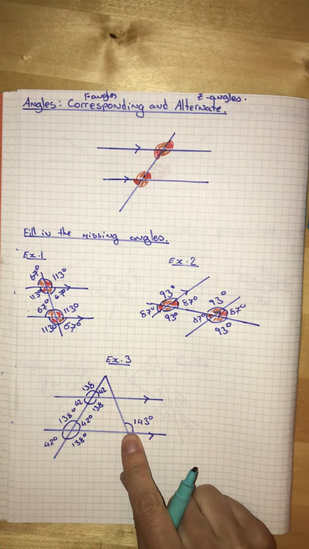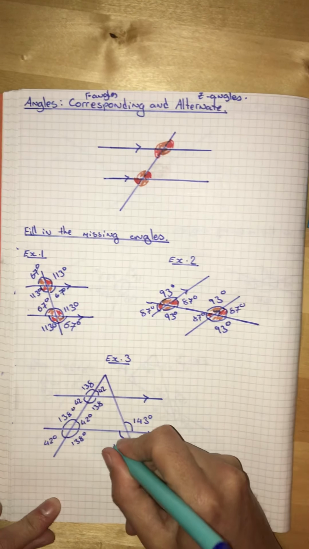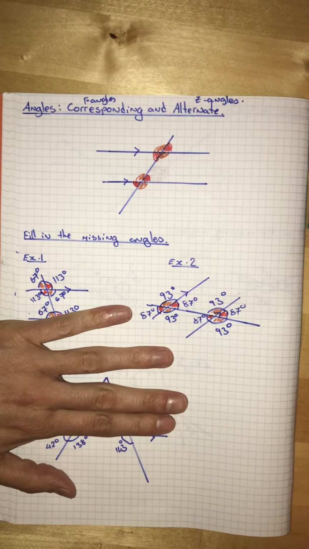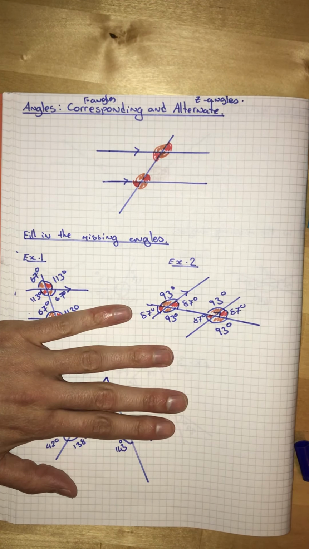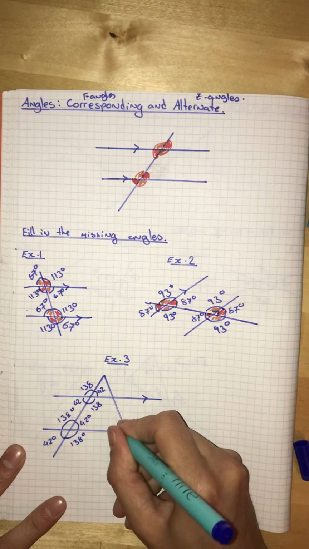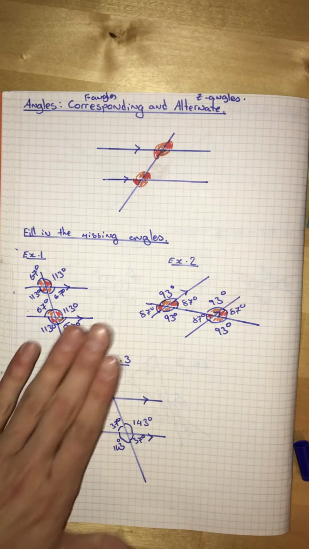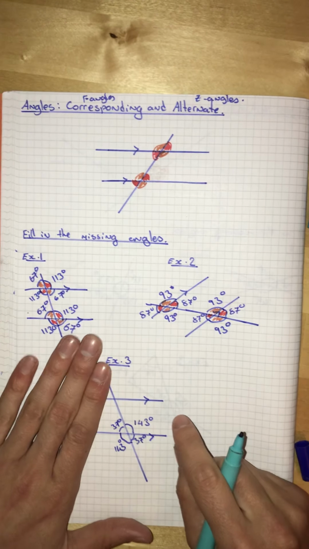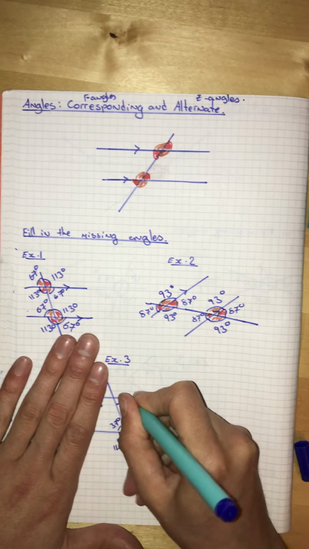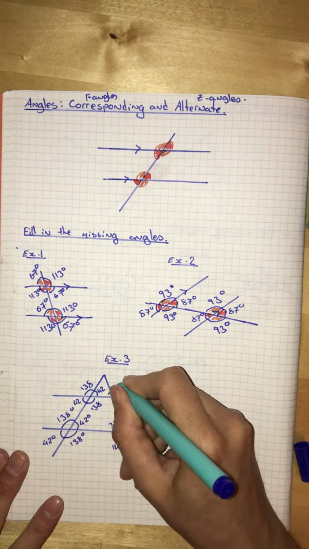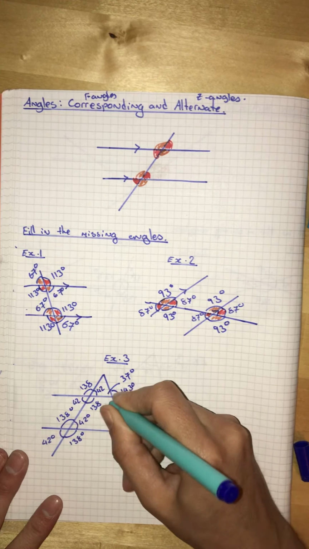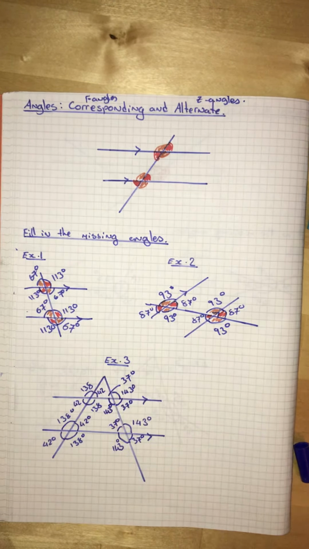Now if we look here, 143, so 143, 180 take away 143 is going to give us 37, which means that's going to be 37. And again, if I cover this up, you can see that there's going to be some corresponding and alternate angles. So that means this is also going to be 37 degrees. I'm running out of space, but that's going to be 37 degrees. So that's going to be 143, and that's going to be 143.